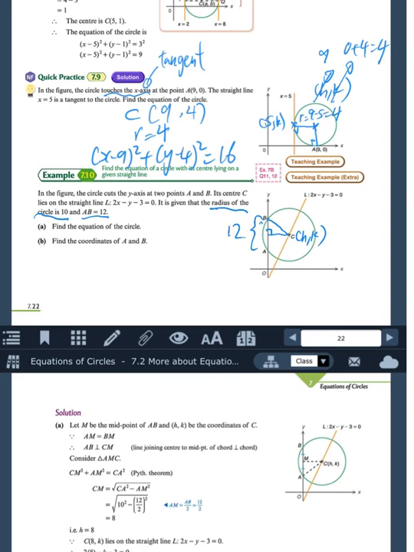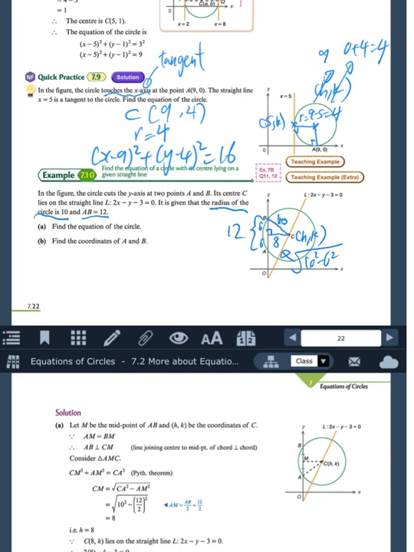Therefore, the length here will be 6. The radius is 10. By Pythagoras theorem, the length here is 8, which is 10 squared minus 6 squared, and then take the square root.